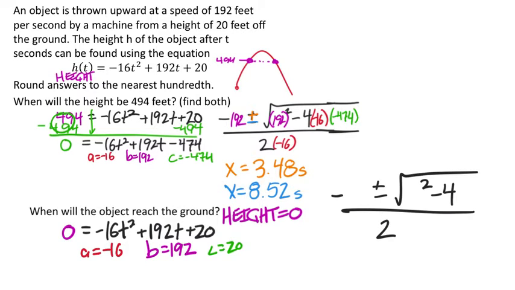If the a is negative 16, let's put that in there. It's negative 16 once again. And then the b value, once again, is 192. And then the c value is 20.